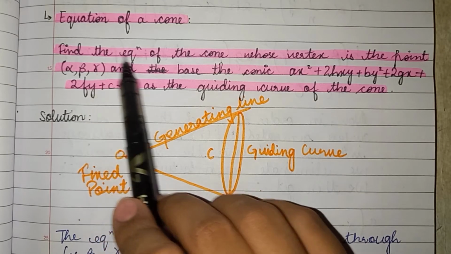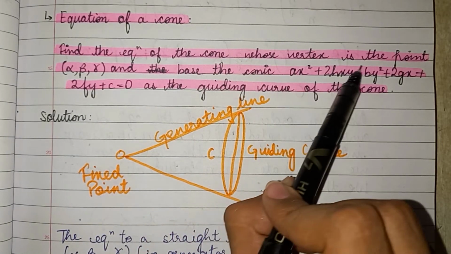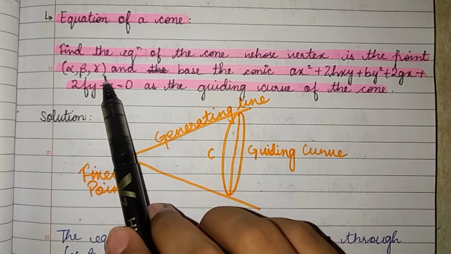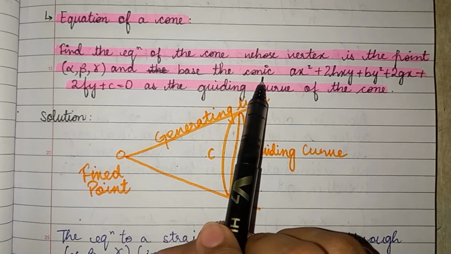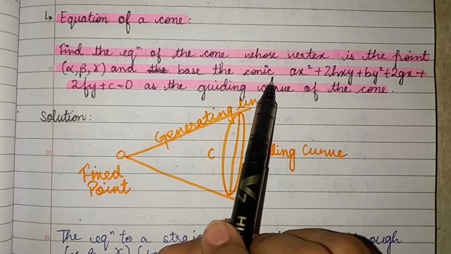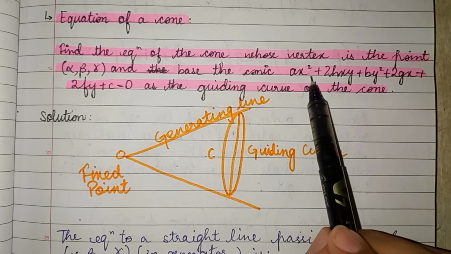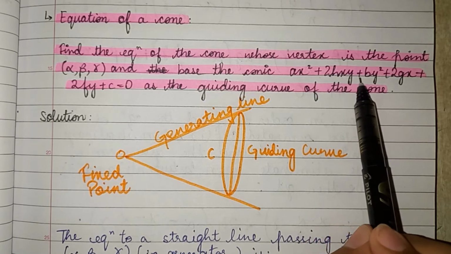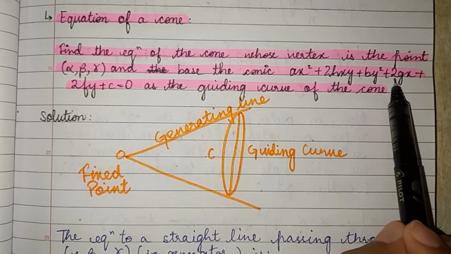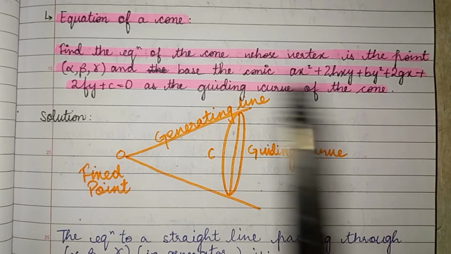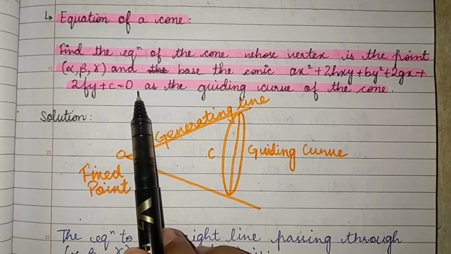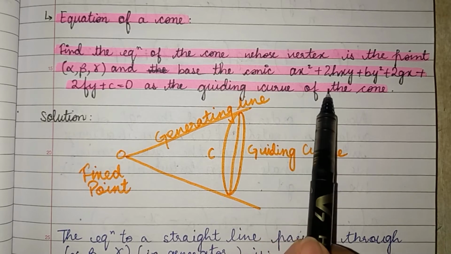In this we find the equation of the cone whose vertex is the point alpha, beta, gamma and the base the conic x square plus 2hxy plus by square plus 2gx plus 2fy plus c is equal to 0 as the guiding curve of the cone.